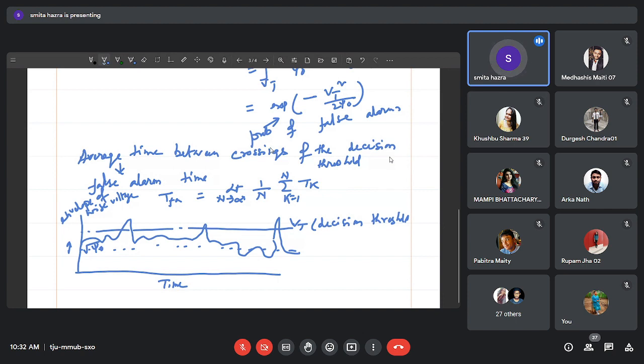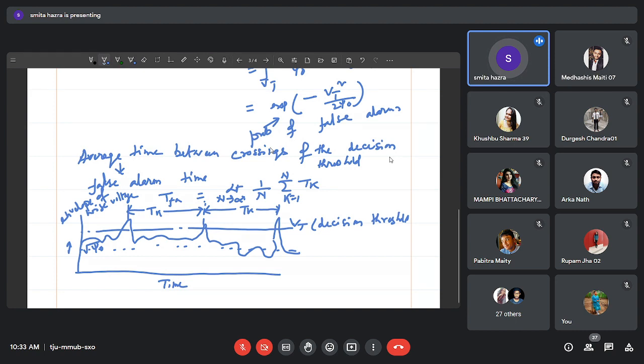Here is the first position where the profile of the noise signal exceeds the decision threshold. This indicates the first event. Then again here it has crossed the decision threshold. The gap between these two is your Tk. When we are studying these things, there are no real signals, no object is appearing.